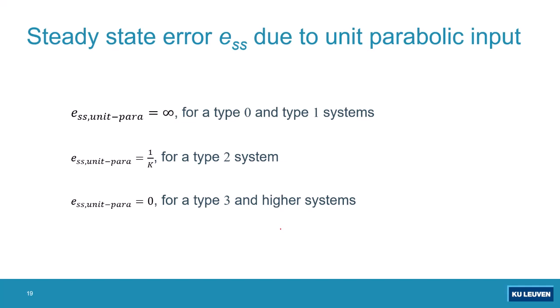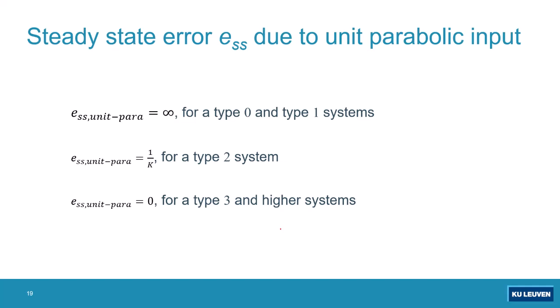What will be the effect of this type number to the steady state error because of the unit parabolic input? We have already defined before that the steady state error in this unit parabolic case will be equal to 1 over Ka, or the steady state error technically is just inversely proportional to the Ka.